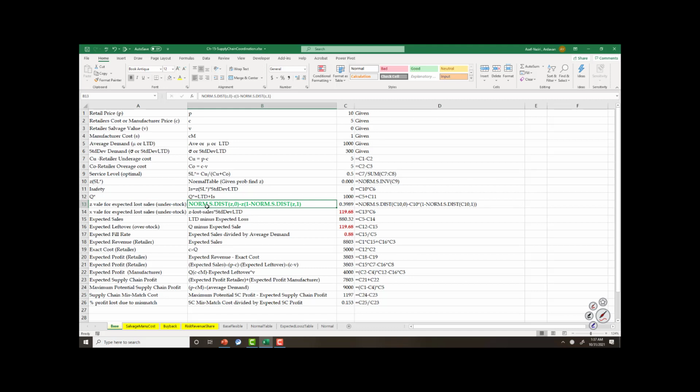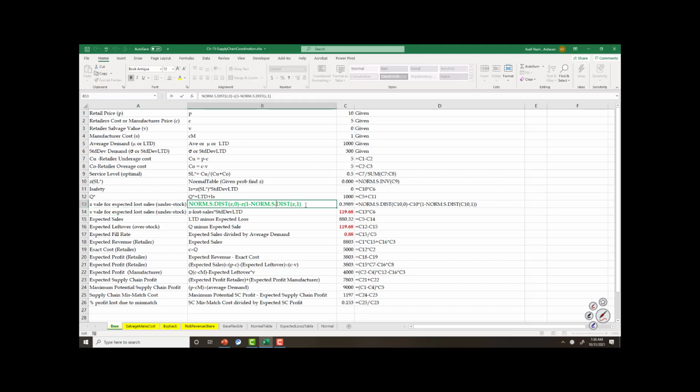Before we talk about that, let's understand the equation for loss function. We compute loss function and then multiply it by standard deviation of our demand to compute expected loss, lost sales or understock volume.